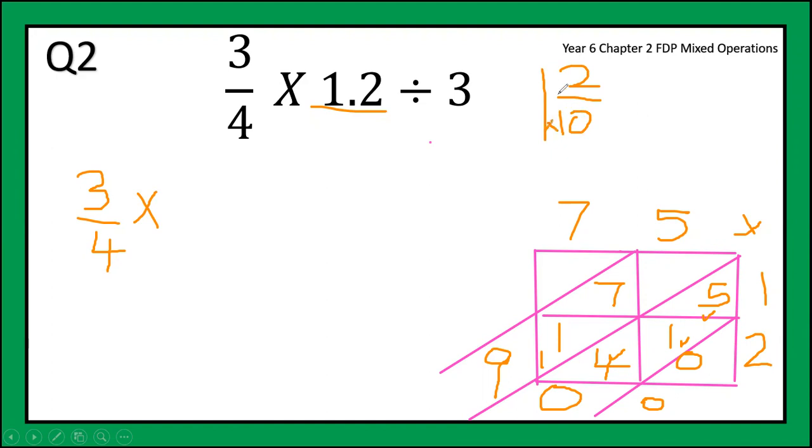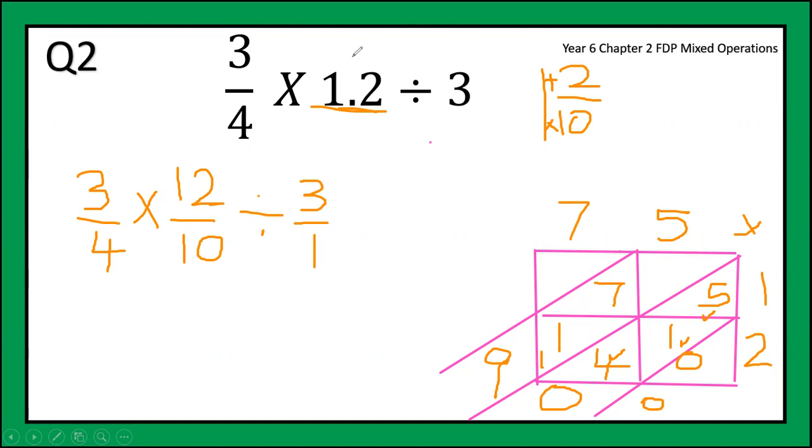Now, straight away change this to an improper fraction. So 10 plus 2, you're going to get 12 over 10. So this 1.2 becomes 12 over 10. And then divide by 3 over 1. Let's do this later. First we'll do this part.